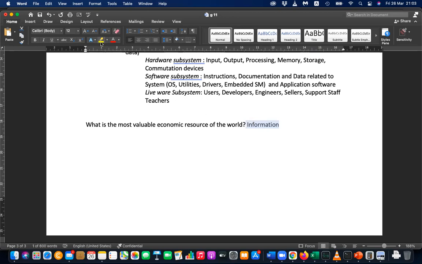If you have information of people, you are rich. If you have information of population, you are rich. If you have information about software, you are rich.